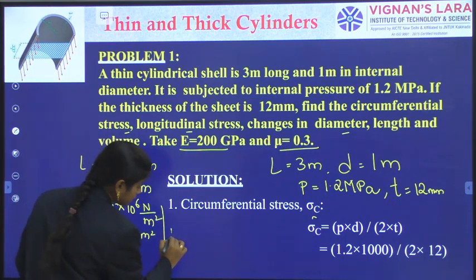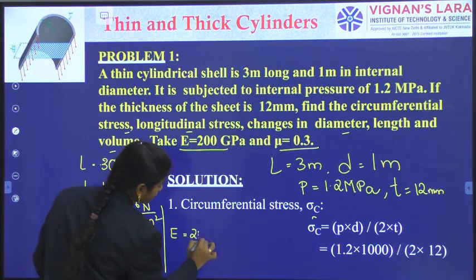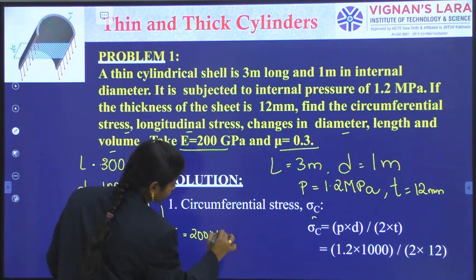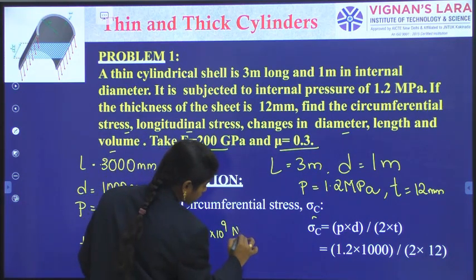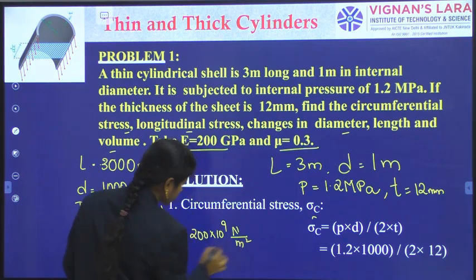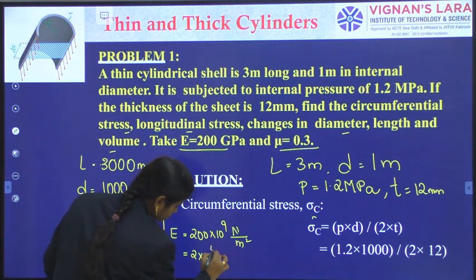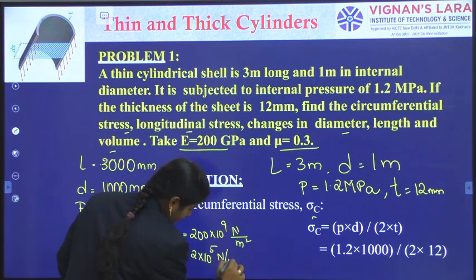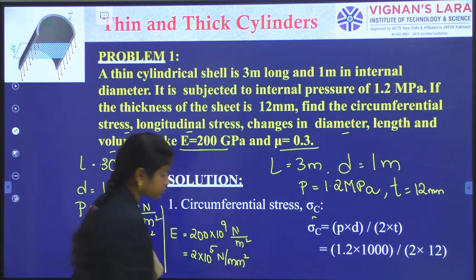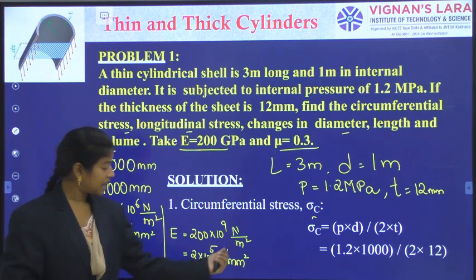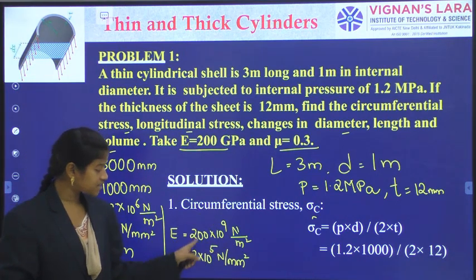They have also given Young's modulus 200 into 10 power of 9 Newton per meter square, and I have got 2 into 10 power of 5 Newton per mm square, because meter square gave me 10 power of 6, so after cancellation I am left with 2 into 10 power of 5.